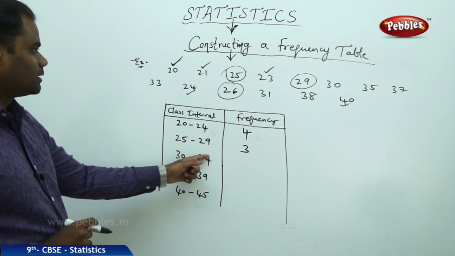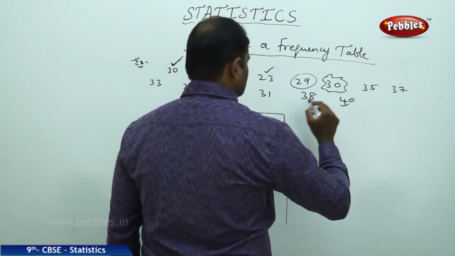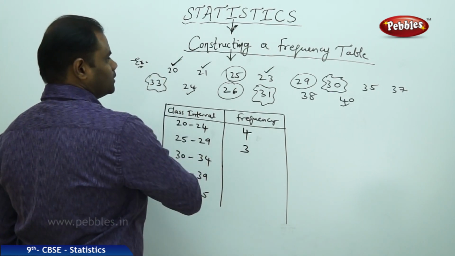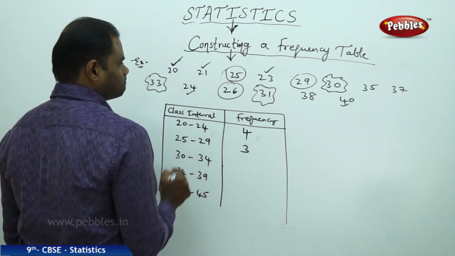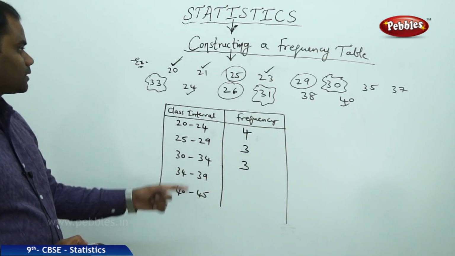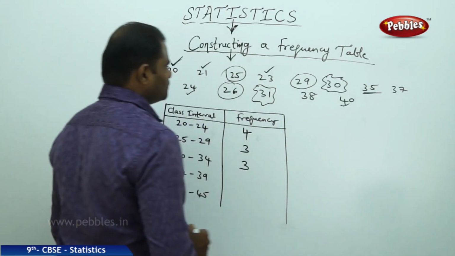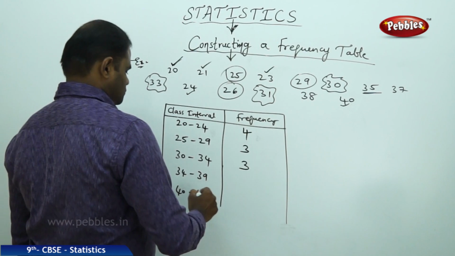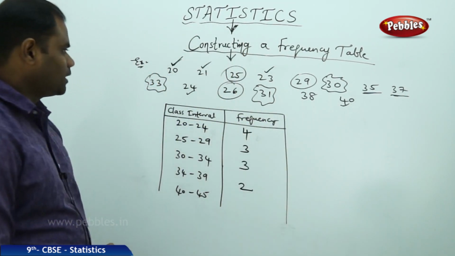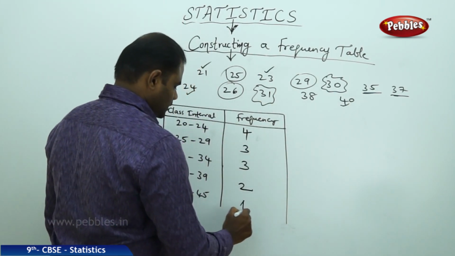Now between 30 and 34, there are 3 values which lie between 30 and 34. 34 to 39, 35 and 37. Between 40 and 45, I have only one value which lies here.